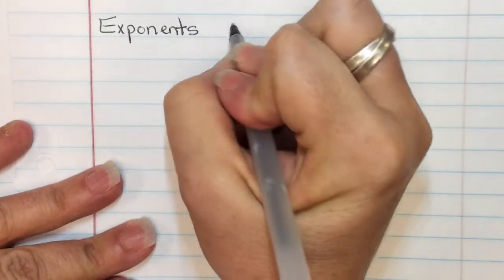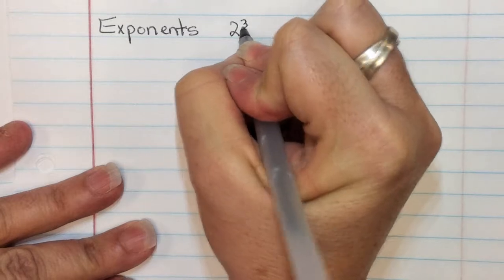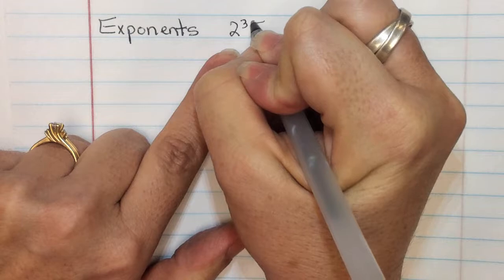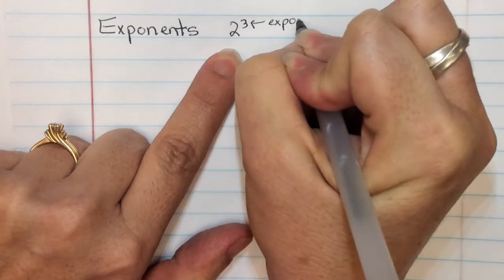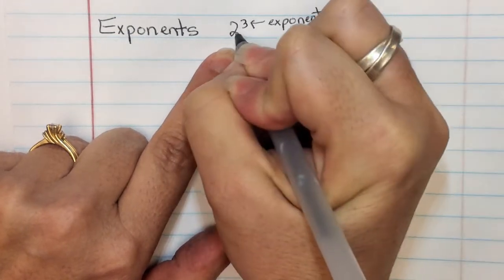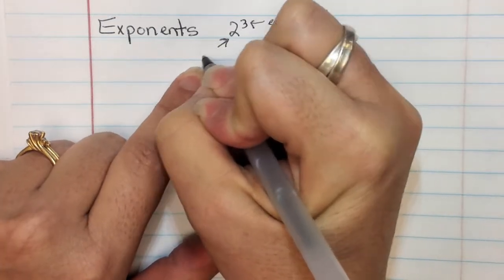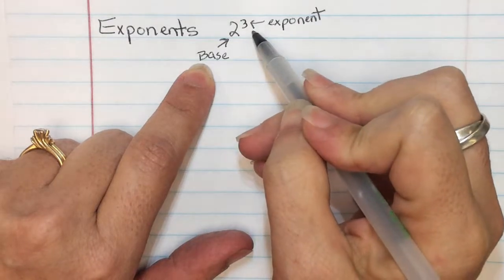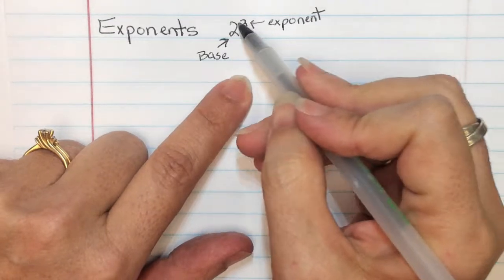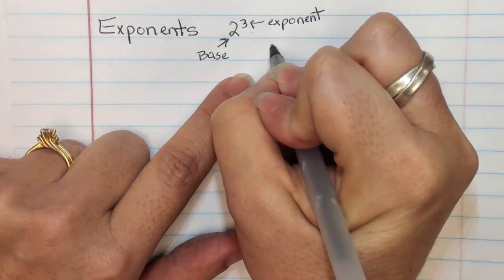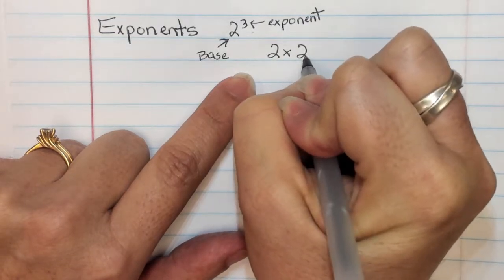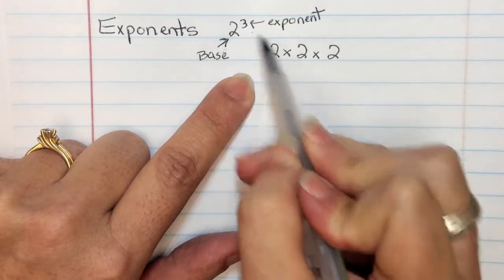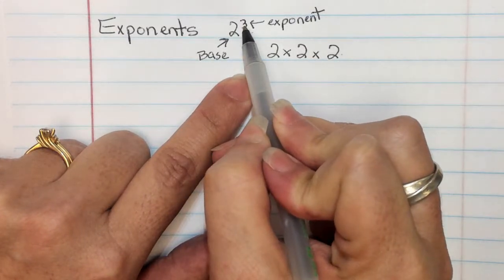When you see a little number up in the corner, it is called an exponent, and the big number is called a base. So you've got a base and an exponent. What this means is 2 to the third power means 2 times 2 times 2. You write the base that many times.